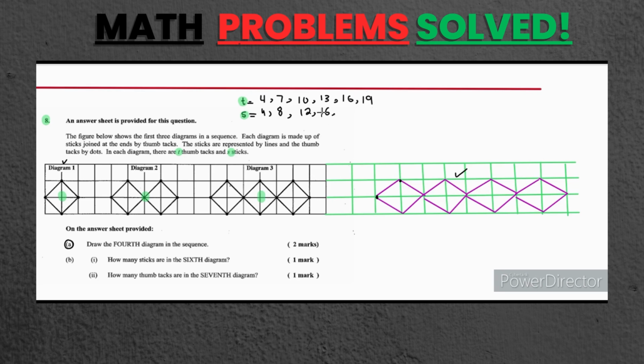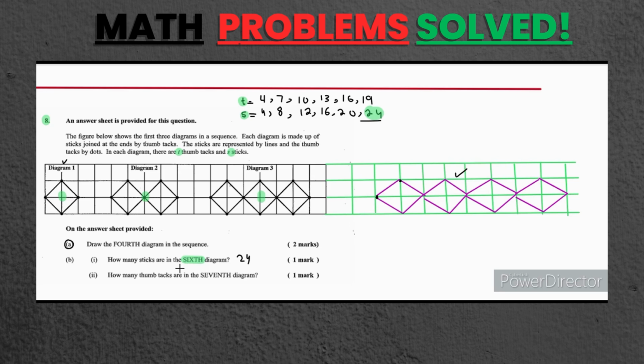They are asking about sticks here, so 4, 8, 12, 16, 20 and 24. If we complete the second sequence till its 6th term, then it will be 24. So it's clear there are 24 sticks in the sixth diagram.